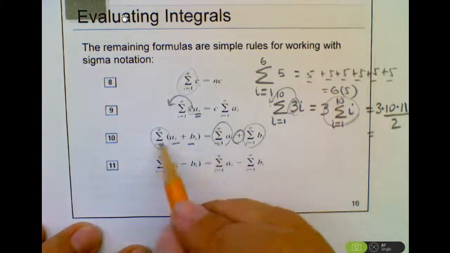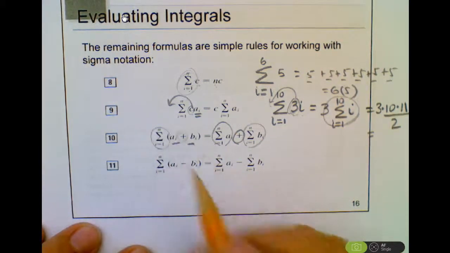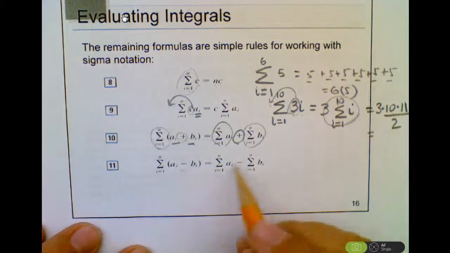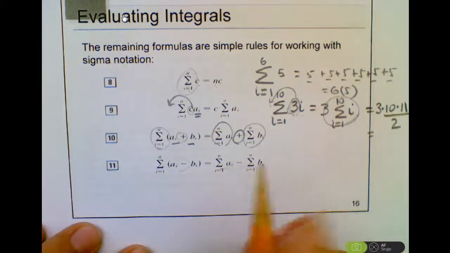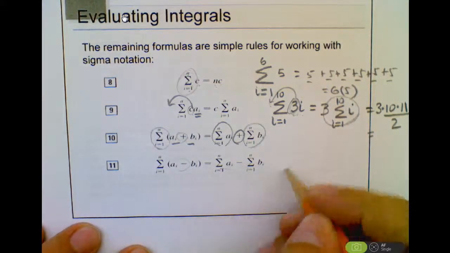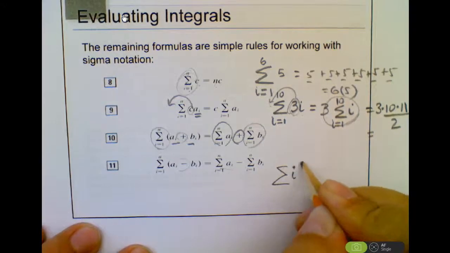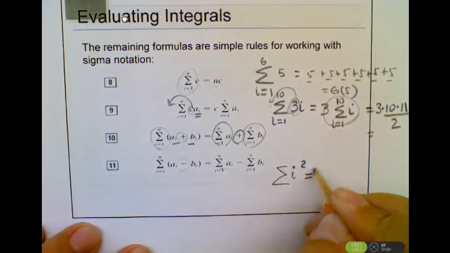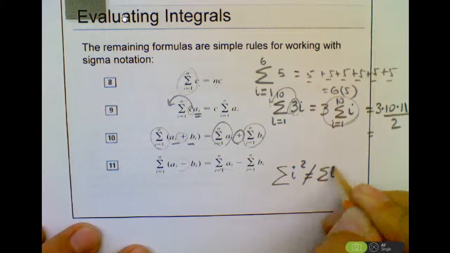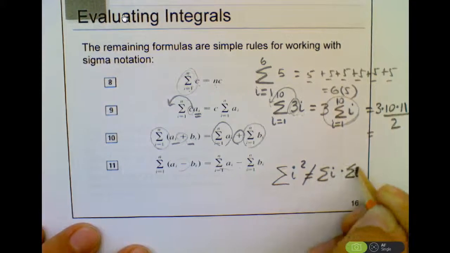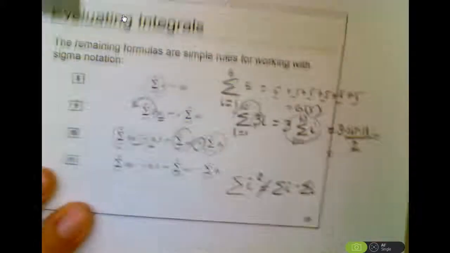Now, if I have the summation of two terms, that is just the sum of these two summations. So the summation actually distributes over addition and also over subtraction, but not over multiplication. For example, if I have the summation of i squared, this is not the summation of i times the summation of i. And you can see that here in the formula.